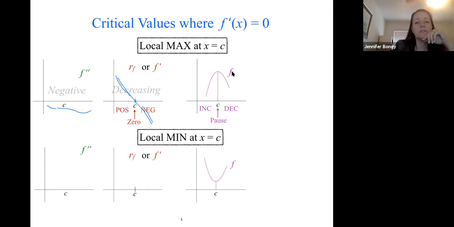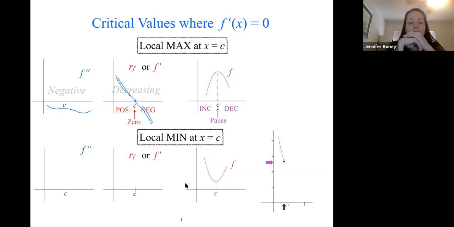If we have this situation upside down, think about what happens with my graph: my original f, what the pattern of the values is there, what happens to its derivative, and then the derivative of the derivative. You can maybe see here that this was decreasing, pause, increase.